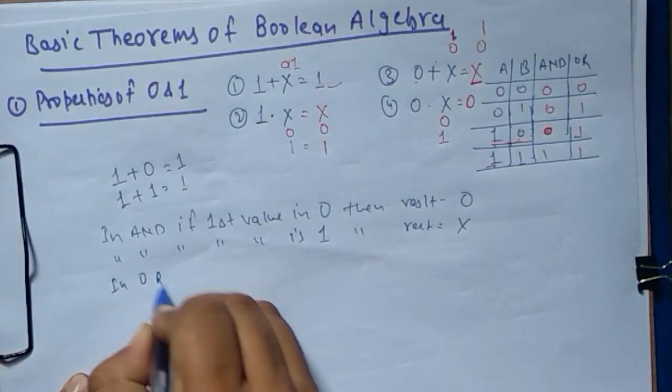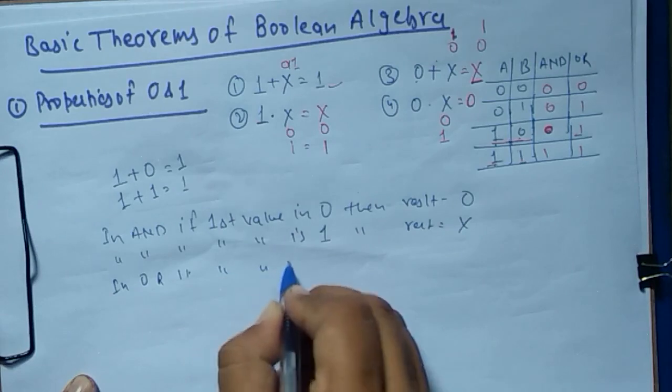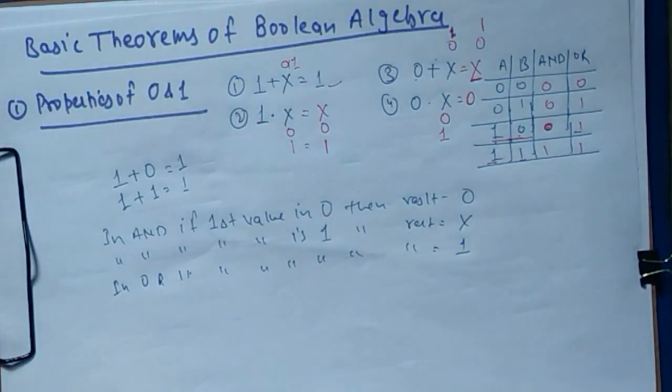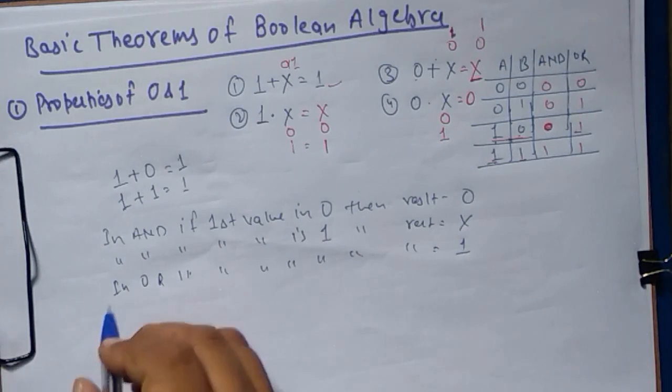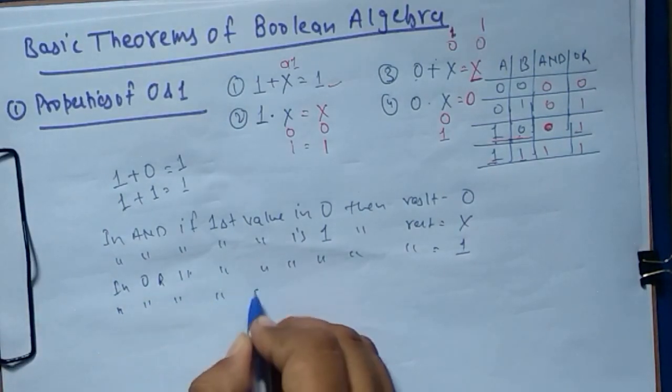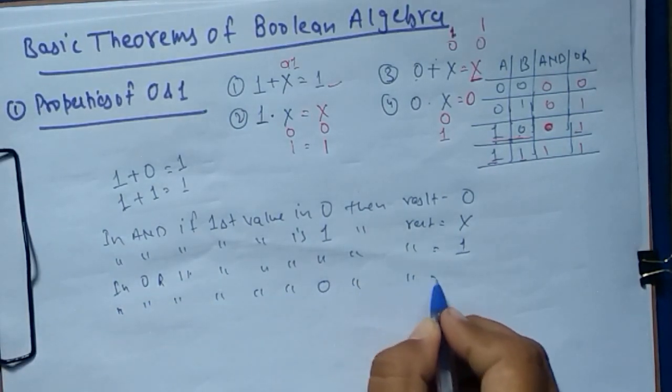In the OR case, if the first value is 1, then the output will always be 1. We don't need the second value, because the second value will be either 0 or 1. If it is 0, the answer will be 1. If it is 1, the answer will be 1. So in that case, the answer is always 1. And in OR, if the first value is 0, then the result will be x.